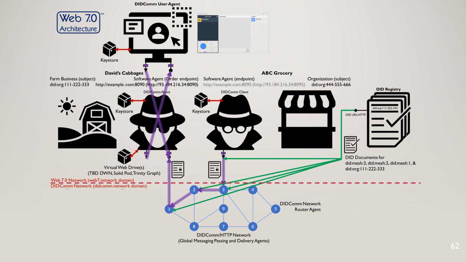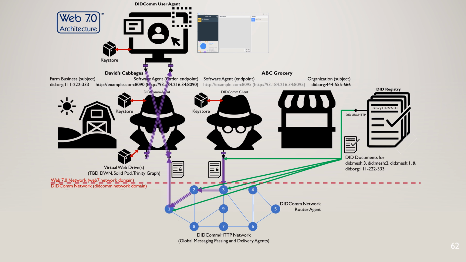Virtual web drive is an abstraction for TBD, decentralized web nodes, solid pods, and Trinity graphs. And if we think of the example of that group collaboration chat reference application, you see that at the very top in the center. It's a user agent.